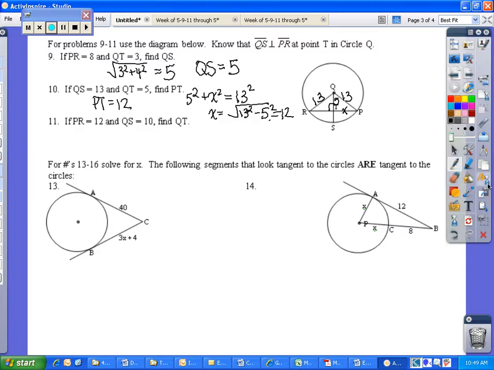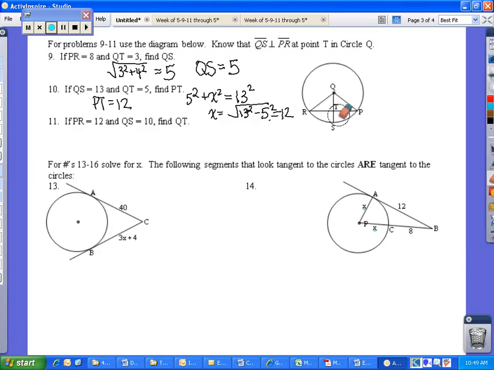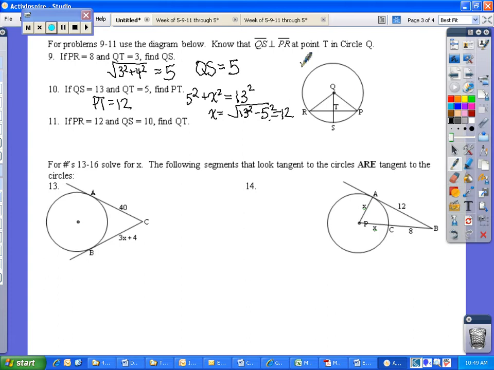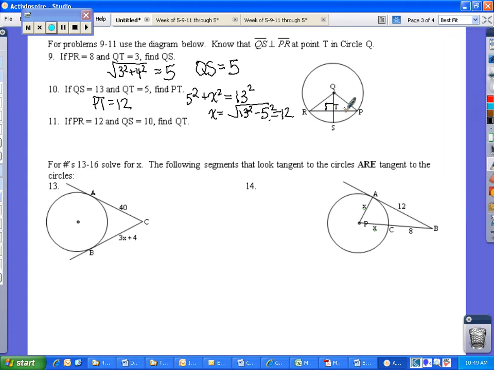And finally, for the last one, I know, again, the 90-degree angle right here, because they're perpendicular. And PR is 12, which means that this is 6 and this is 6. QS now is 10, which means this is 10 and this is 10. And I'm going to use Pythagorean theorem to find the QT. So, again, 10 is your hypotenuse, so that's what's going to be C. 10 squared equals 6 squared plus x squared.